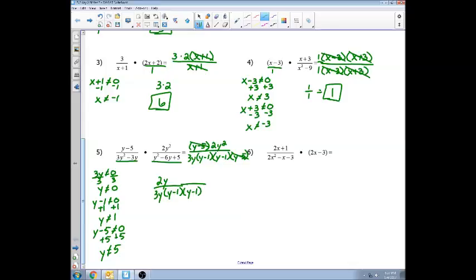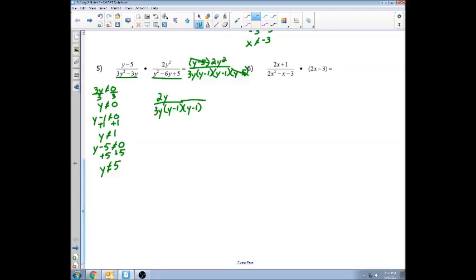Now, if you did not catch what I just did there, I'm going to write this next piece in red so that you realize it's just showing you what I did from this step to this step. Okay, this would be 2 times y times y. This would be 3 times y minus 1 times y minus 1.